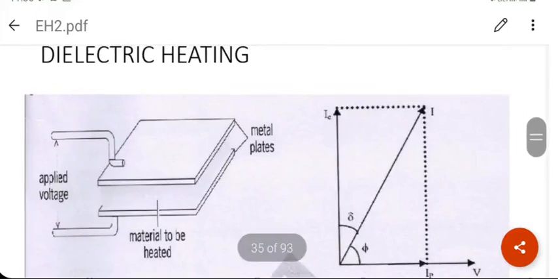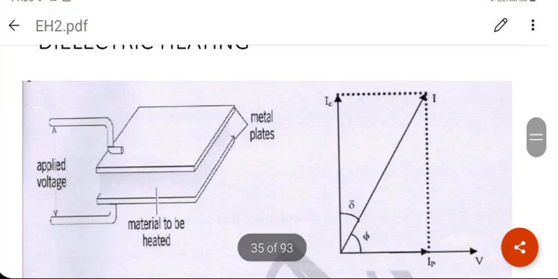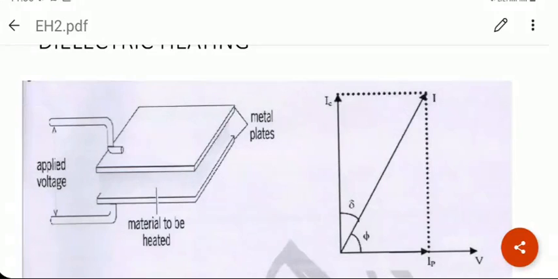Now, this is a conceptual diagram about dielectric heating. The material to be heated is sandwiched between two conducting plates, and I am showing rectangular plates here. They don't have to be rectangular, they can be any shape. Between the two conducting plates, you apply the necessary voltage with a frequency that you can choose, typically in megahertz.